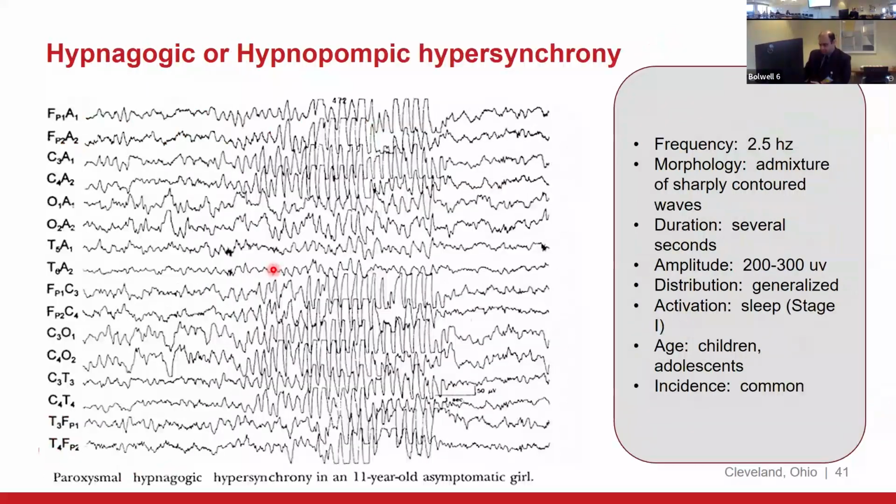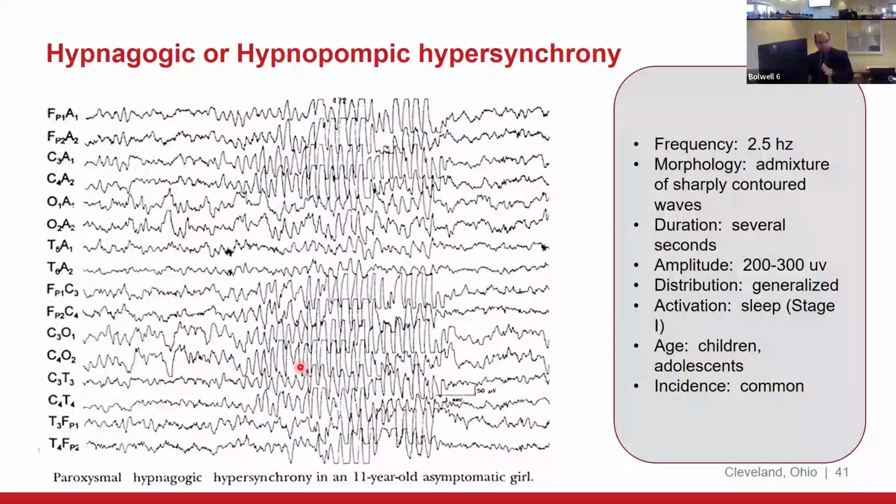This is one of the ones that gets overcalled a lot and is extremely common. I've seen basically almost every other patient has it. It's called hypnagogic or hypnopompic hypersynchrony. As the patient goes from wakefulness to sleep or sleep to wakefulness, right before they either wake up completely or go to sleep, there is this synchronous burst of large amplitude delta waves, like here.